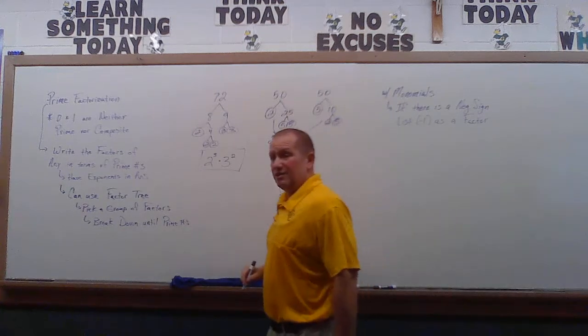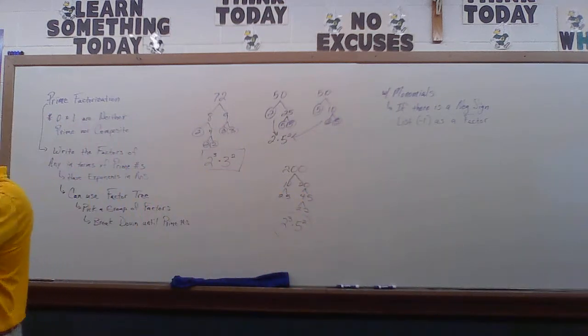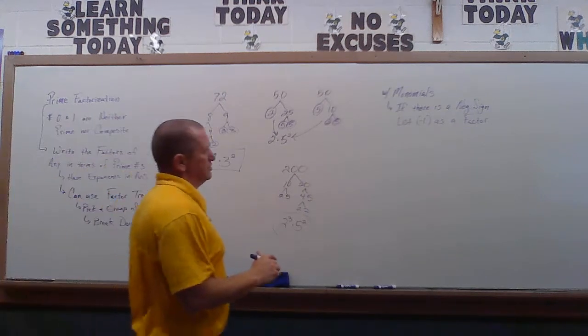So from here on out, if there's a negative sign in front of whatever we're talking about, you got to make sure that you put that as one of your factors.